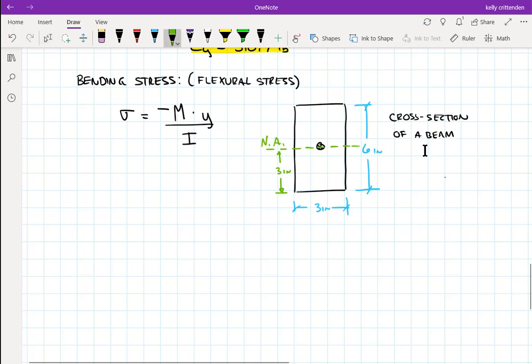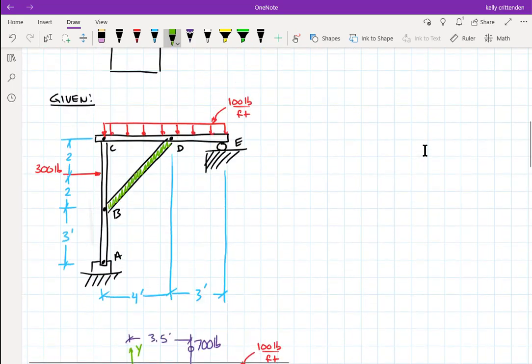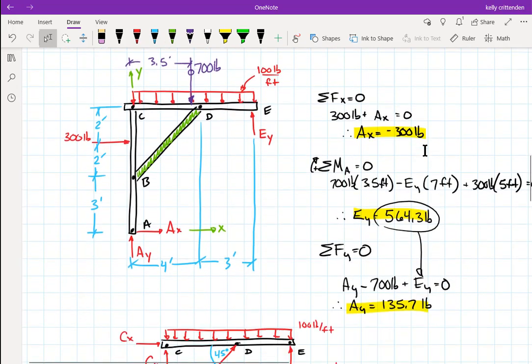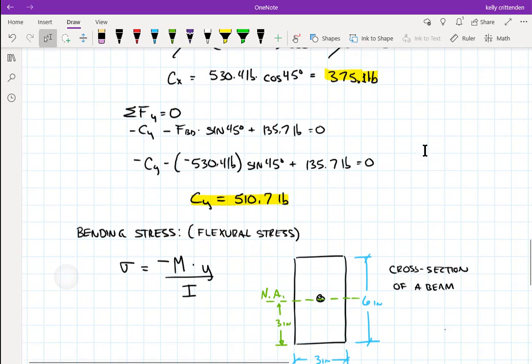And when I want to put a value in the equation here, if I go back to this picture, maximum stress is on the very top and bottom of the beam. So on one side of the beam is maximum compression, and the opposite side is maximum tension. Then the closer I get to the neutral axis, that centroid of the cross-section, it goes to 0, no flexural stress anyway. There's a different kind of stress there, but not flexural stress.